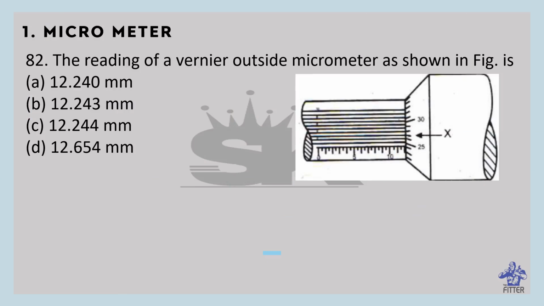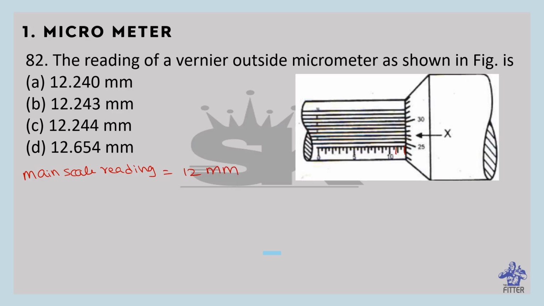The reading of a vernier outside micrometer as shown in the figure is. Here the main scale reading is between 11 and 12, so 12 mm.